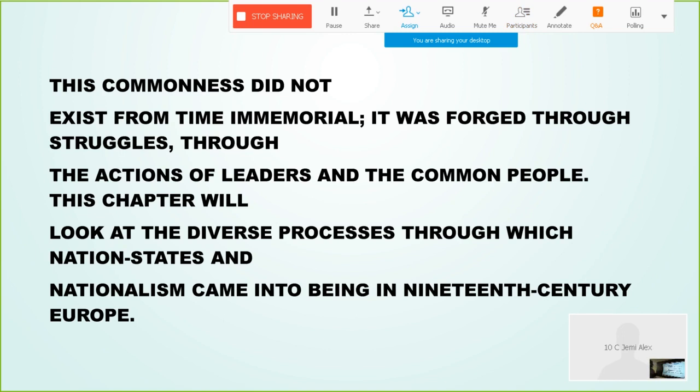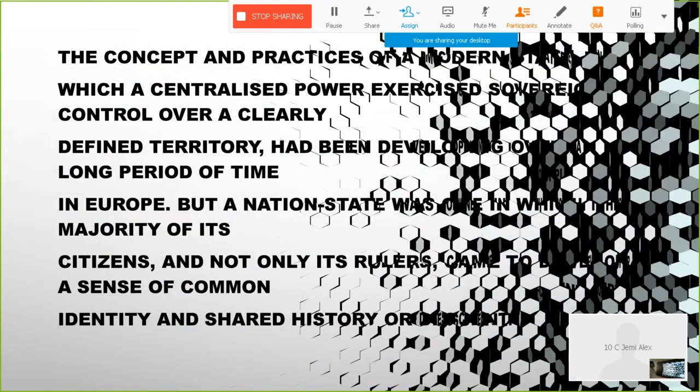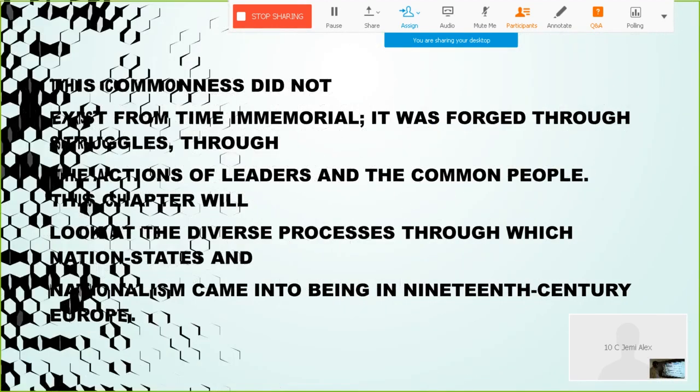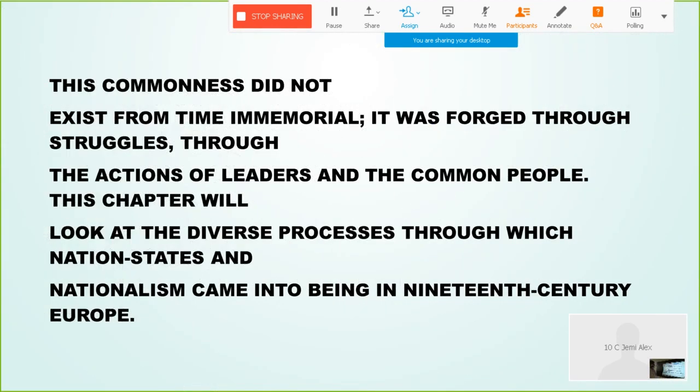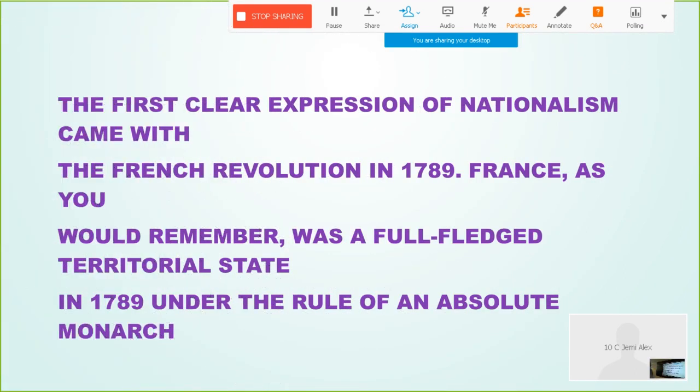We will deal with the struggles in which the European countries were forced to create predefined nation states, the diverse process through which nation states are created. That is explained in this chapter, or what happened in the 19th century is explained in this chapter.